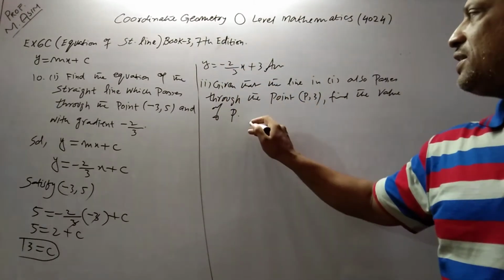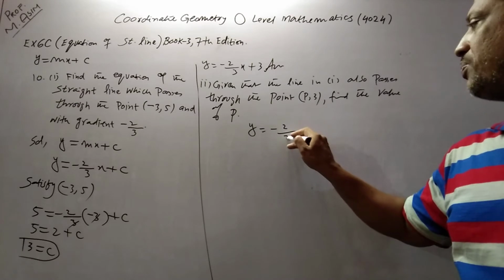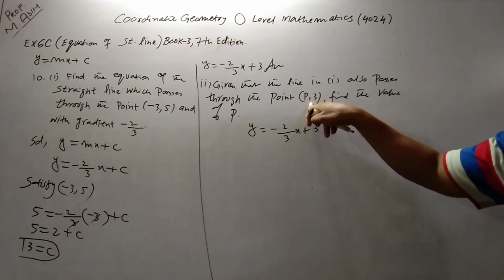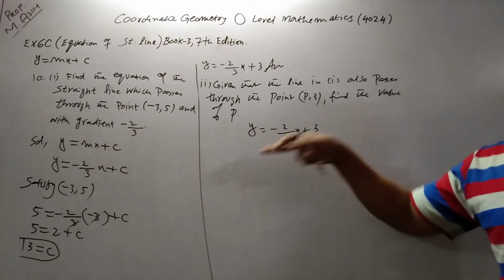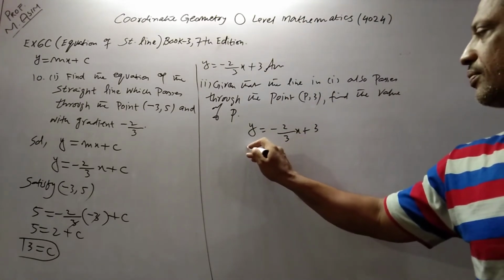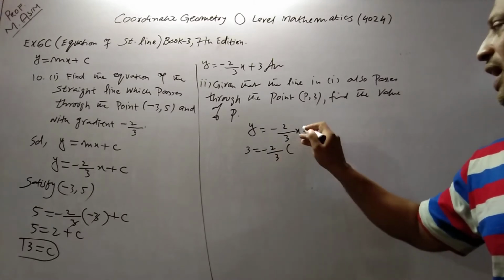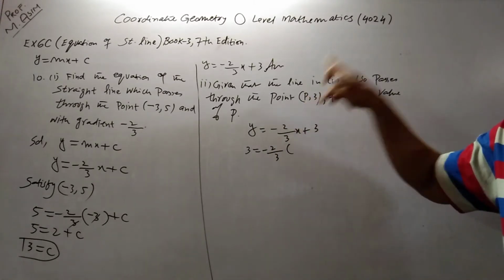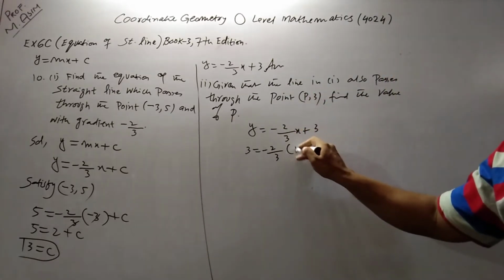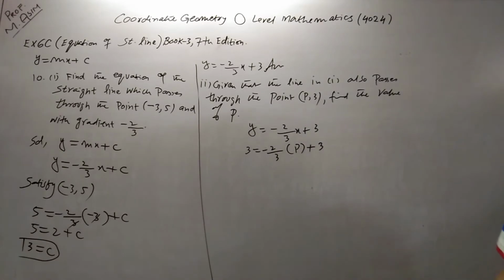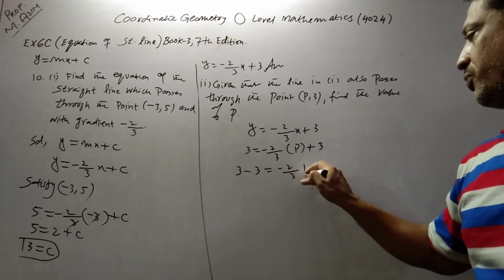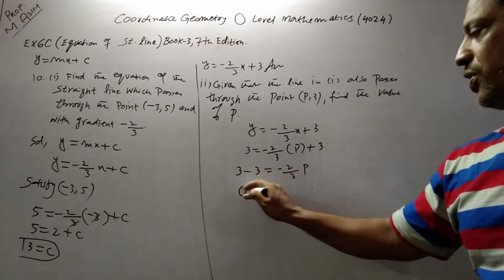The line in part 1 is y = -2/3 x + 3. And this line passes through this point. It means this point must satisfy this line. So put 3 where you see y. 3 equals -2/3 x. What is the value of x? The first value represents x and the second value represents y. So the value of x is p, plus 3. Move this 3 to this side. So 3 minus 3 equals minus 2/3 p. 3 minus 3 is 0.